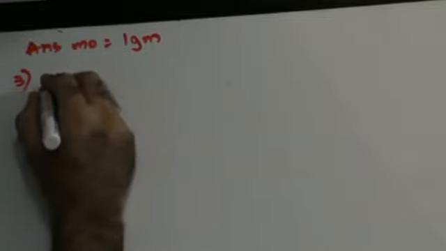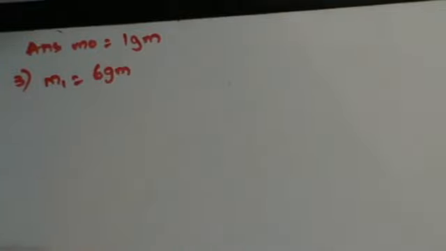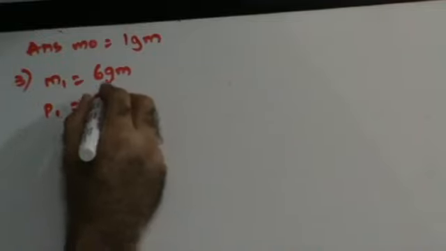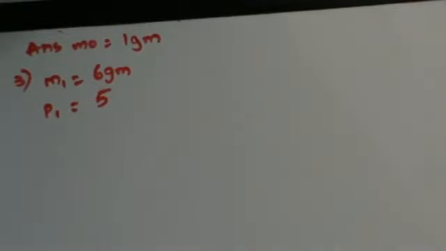In Melde's experiment, when 6 grams is added to the pan, the number of loops obtained is 5.